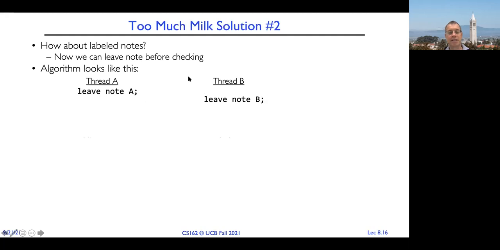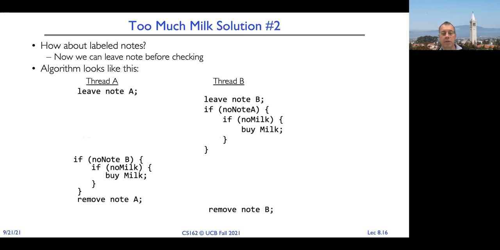And here is the reason, an example. It's about how these instructions are interleaved from thread A and thread B. Thread A leaves note A, then we context switch to thread B, which leaves note B and checks whether there is no note A. Basically there is a note A, so this is false, and this is not going to execute.